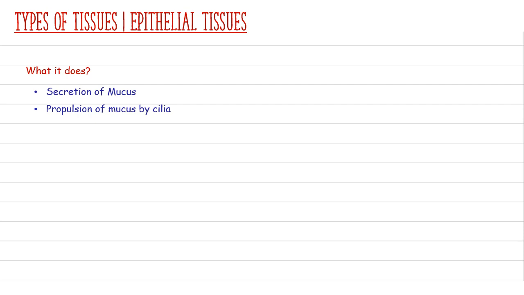Next, they have the capacity to carry out the propulsion of mucus, usually through their cilia, as I also stated earlier. Now let's move to the next type of tissue. Remember, in our previous tutorial, I said that these are irregular tissues, meaning they don't follow the regular pattern of naming tissue.